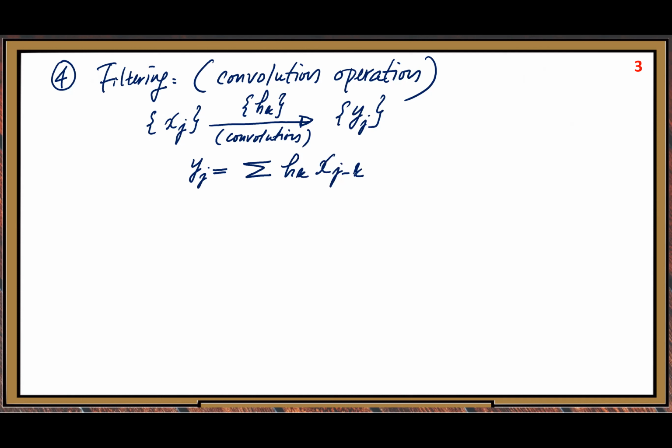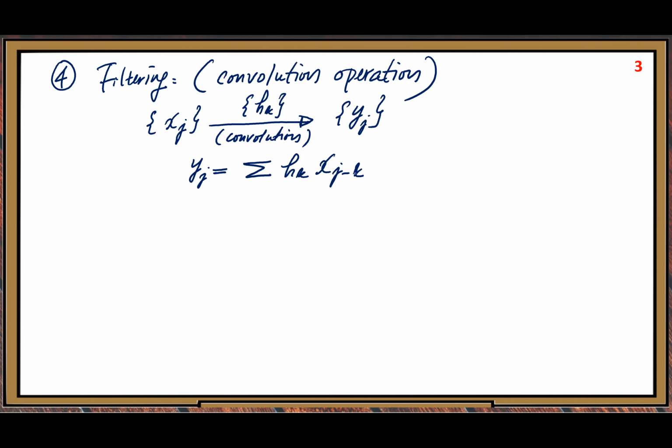With different filters, when we do digital filtering, we can do many applications. Here I do not go very deep. We only need to use some digital filtering background in our project.